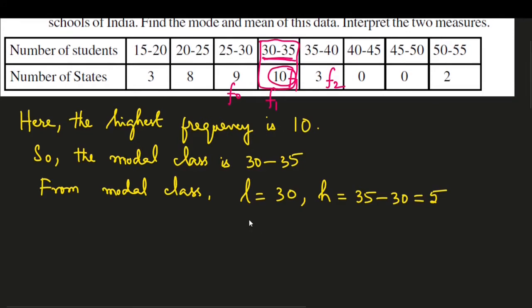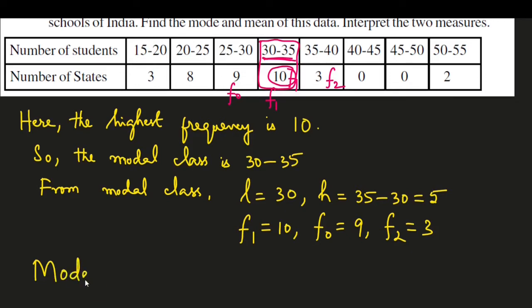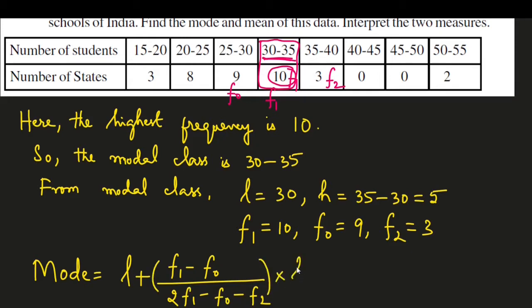So here F1 is 10, F0 is 9, F2 is 3. Now let us write the formula for mode. Mode is equal to L plus (F1 minus F0) by (2 F1 minus F0 minus F2) into H.